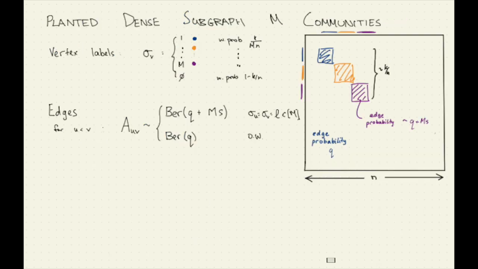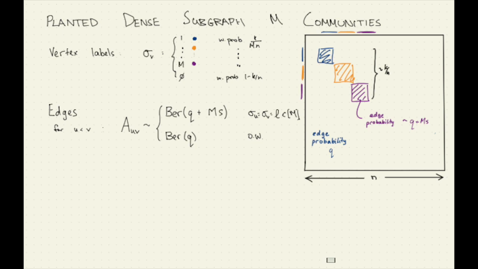Here we're talking about the binary model, right? So here we have some more parameters. Okay, so this should be an S, right?